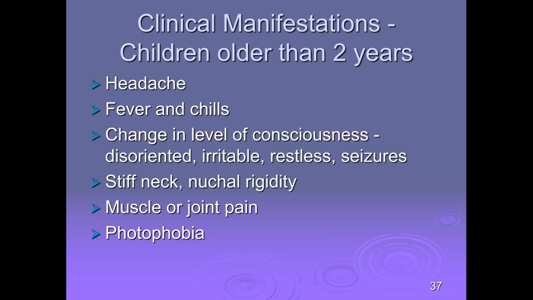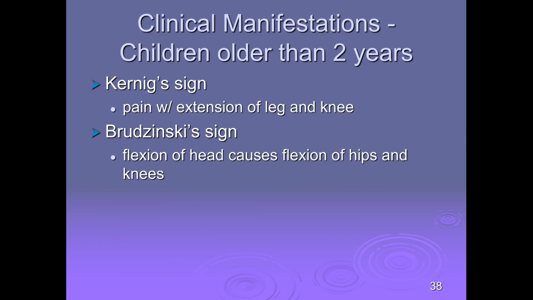That doesn't start until about 2, but once they're older than 2, you can think about it in terms of what you would normally think about. And then in children older than 2, these 2 signs may be present as well.